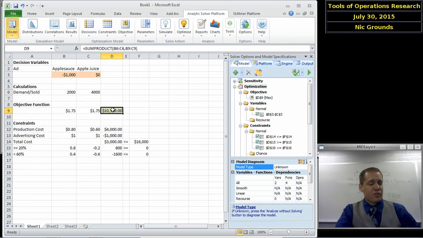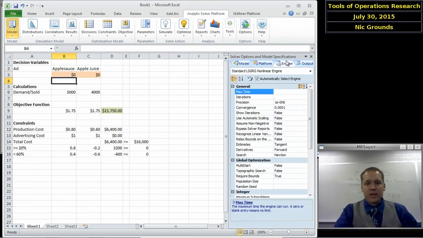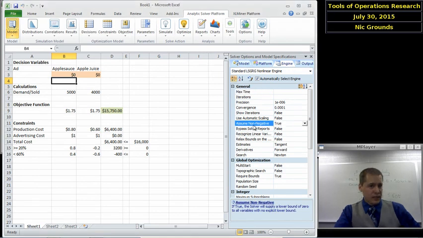Also obviously affects your objective, but certainly that doesn't make sense, to negatively advertise your product to reduce the demand on it. So we will use the easy way on the engine tab to say assume non-negative is true, meaning decision variable values must be 0 or positive. Okay?